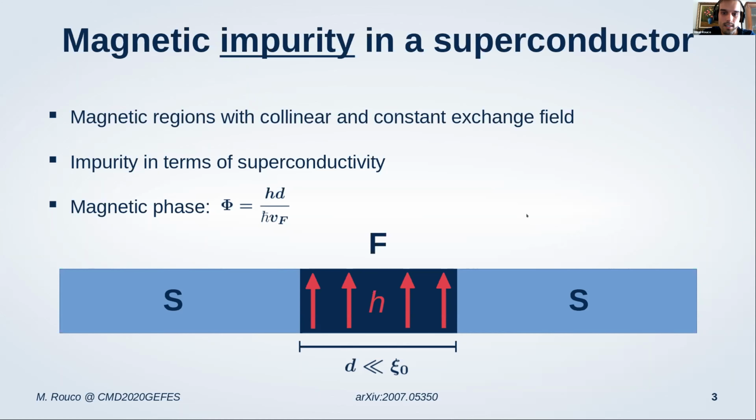In such a system, the meaningful parameter that governs the physics of the bound states appearing here is what we know as the magnetic phase, which is proportional to the product of the exchange field and the width of the region. Just to remind you, Andreev bound states appear in many kinds of junctions between superconductors, and this is just another example of them.